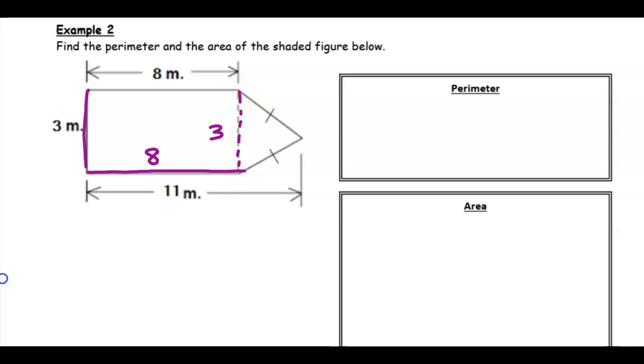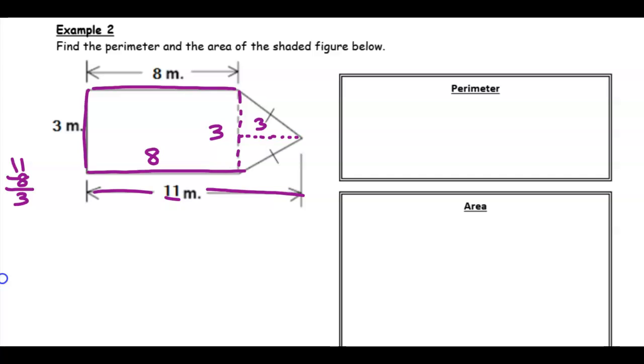And this triangle is sideways, so let's figure out this sideways height. If all the way across is 11, and from here to here is 8, what do I do with 11 and 8 to find this height? Subtract, right? So 11 minus 8 gives me 3.